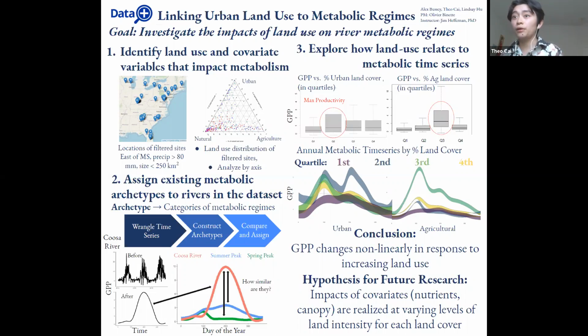So that might explain why with very high urban or agricultural development the organisms are not producing that much anymore; they've had enough. That's one possible reason, but definitely a future road for research.